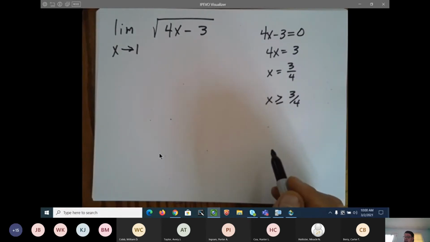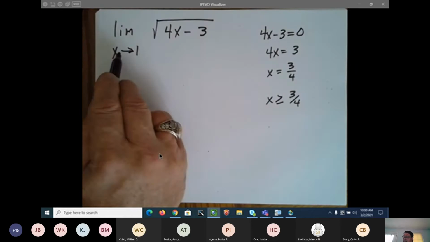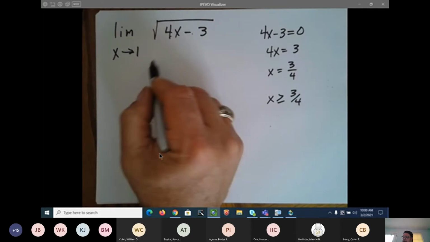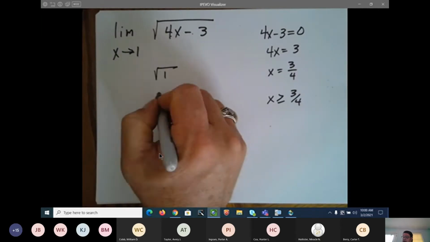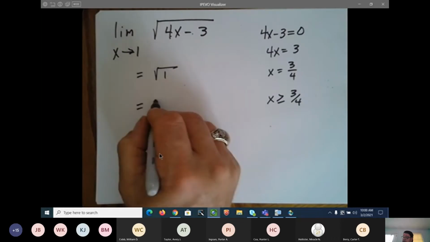So that's pretty much going to be your answer as far as when it says x approaches 1. As x approaches 1, 4 times 1 is 4. 4 minus 3 is what? 1. The square root of 1 is 3. I thought we were graphing this. I'm sorry. So 1.